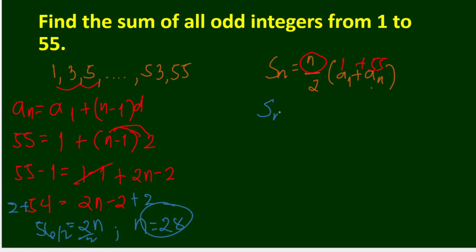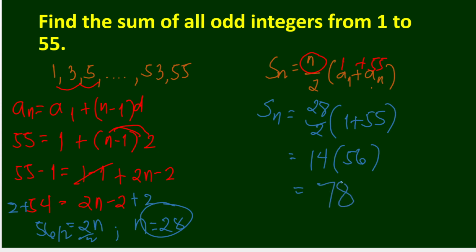So we have S of n is equal to 28 over 2 times 1 plus 55. That is equal to 14 times 56. 14 times 56 is equal to 784. This is our answer. So the sum of all odd integers from 1 to 55 is 784.